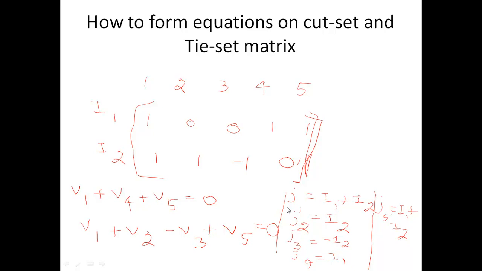So I have to tell you how to form the equations from the given cut set matrix. So let us write the cut set matrix first. Cut set matrix, I'll write the matrix first. So 1, 2, 3, 4, 5. So assume that 5 branches are there.